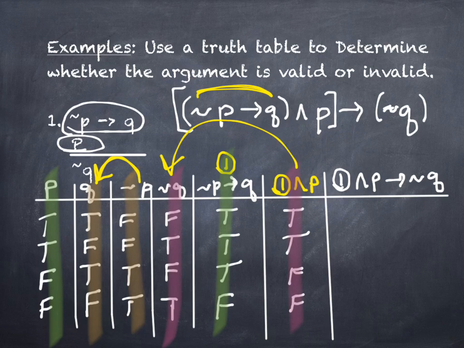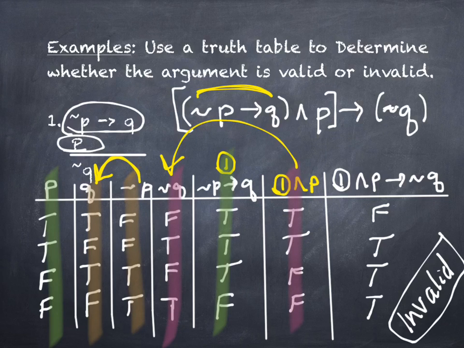All right, so we're going to take the two columns that are in pink now, and we're going to go backwards. Implication statement, right? So this first one here starts out true to false, which is false. The second one, true to true, is true. The third and fourth rows are false and false, so those are both true. So what do you have? An invalid argument. This is not a tautology, so this is invalid.